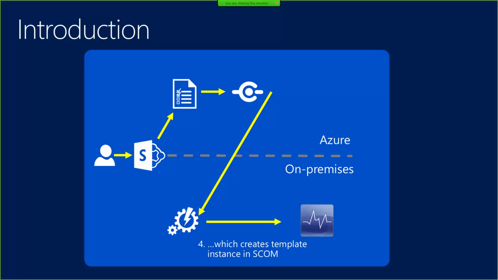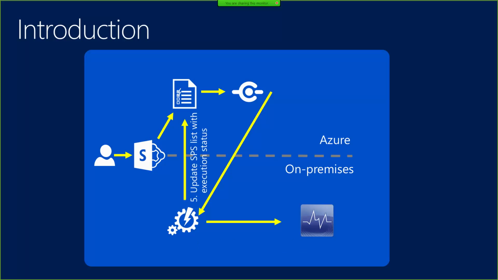So this is the workflow we're going to design today. And lastly, when it's completed, the runbook will also update the SharePoint list item with the status, showing it's completed or failed.